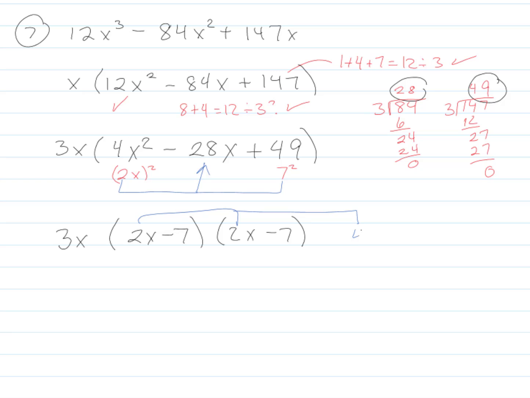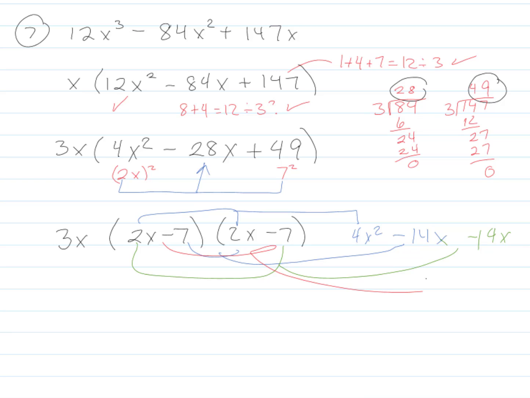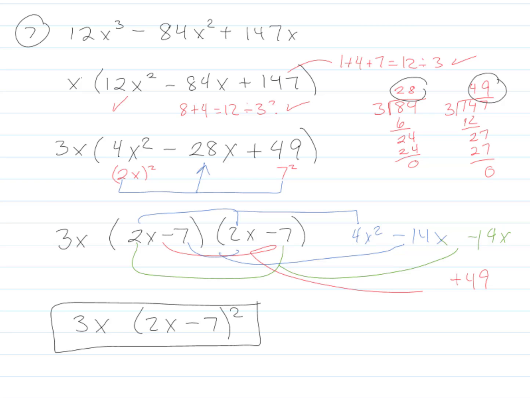I've got 4x squared minus 14x, and then minus 14x, and then plus 49, and that's going to give me 4x squared minus 28x plus 49. So I know I did that right. So now I can just rewrite that as 3x times 2x minus 7 quantity squared, and then we're done.